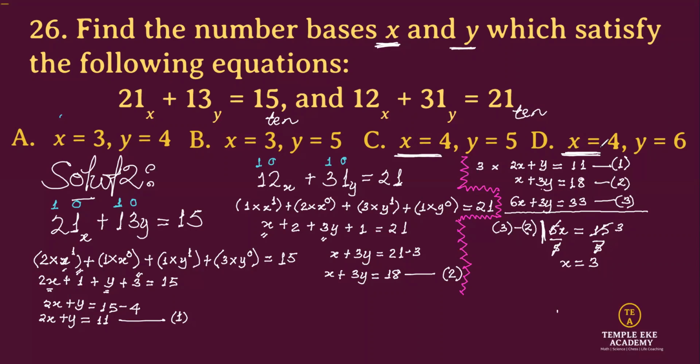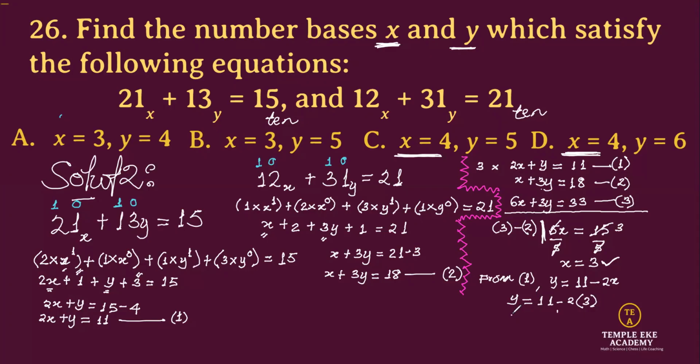But let us proceed so that we can finish up this work. Now we'll make a quick substitution. From equation 1, let's rearrange equation 1. From equation 1, we can make y the subject of the formula. y is actually given by subtracting 2x from both sides. We have 11 on the right-hand side minus 2x. And therefore, we can substitute the value of x, which is 3. And that will make us have y equals 11 minus 2 multiplied by 3, substituting 3 for x.